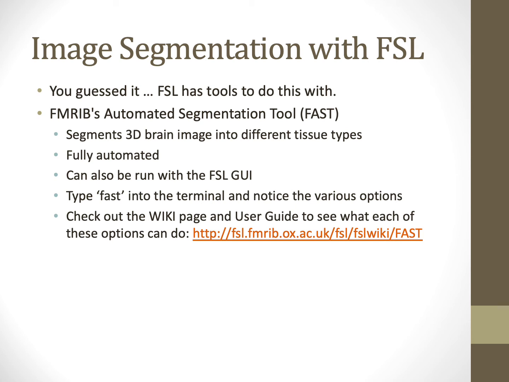It's fully automated and can be run both from the FSL GUI or the terminal. If you type FAST into the terminal and hit enter, you'll notice the various options that are available when running this tool. The wiki page and user guide are also great resources for checking out what FAST can do.